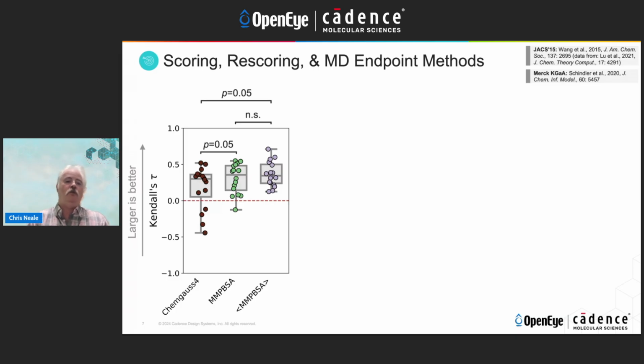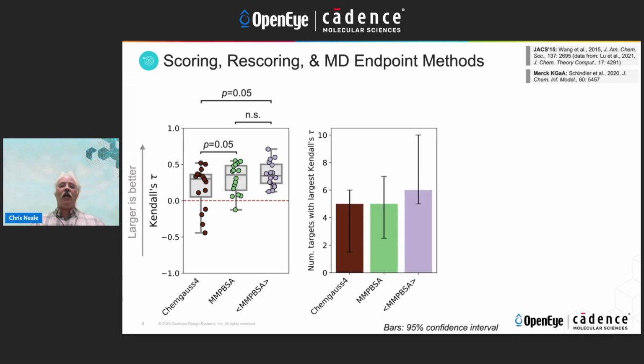As we move to the middle strip chart, that's the endpoint MMPBSA approximation, which is statistically significantly better across these 16 data sets. But in fact, ChemGauss-4 can be better than MMPBSA for a single target. And then on the right, I've got the much heavier ensemble averaged MMPBSA score following some molecular dynamic simulation. So as we move from left to right on this plot, we're actually moving down the funnel to methods that tend to become more accurate as they tend to become more computationally demanding.